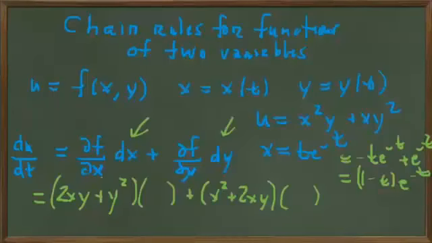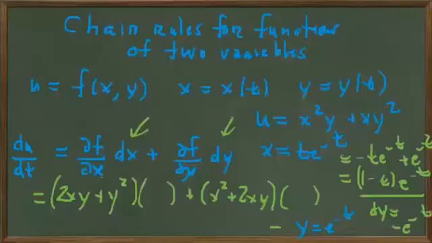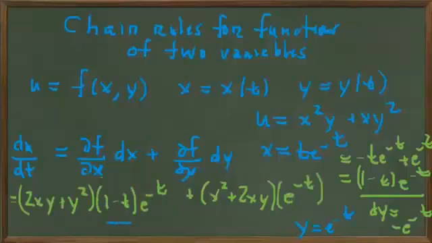So that is, when we combine terms, 1 minus t, times e to the minus t. And then we're taking the derivative of y with respect to t, so dy is minus e to the minus t. So let's put those in here and here in the dx and the dy position. So here they are right here and here.